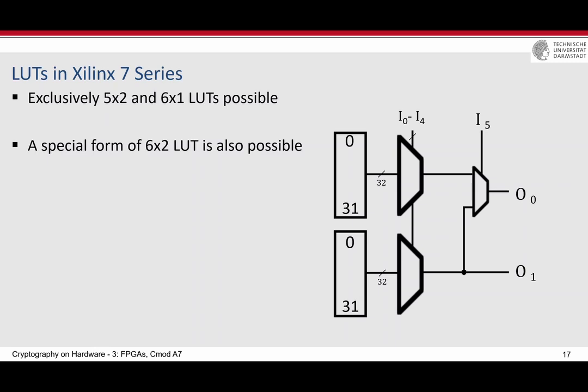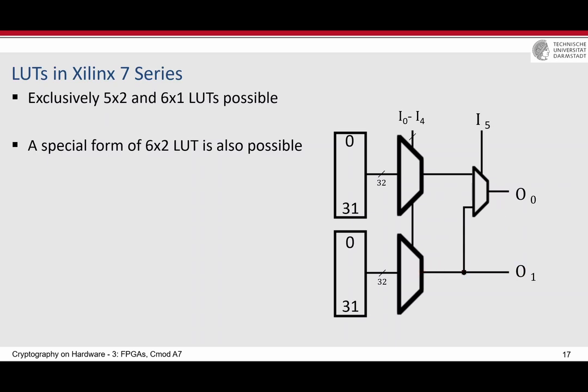If you look at the Xilinx document, you will see it's called 6 to 2 lookup table. But they are not 6 to 2. I mean, you cannot realize any 6 to 2 function here, because one of them is always connected to here.